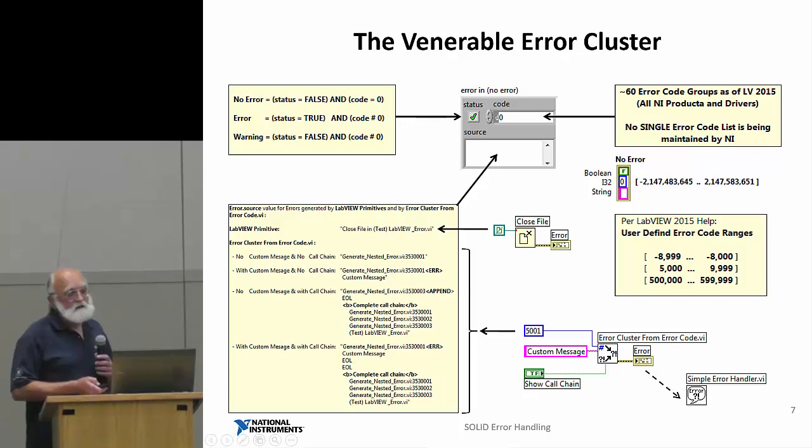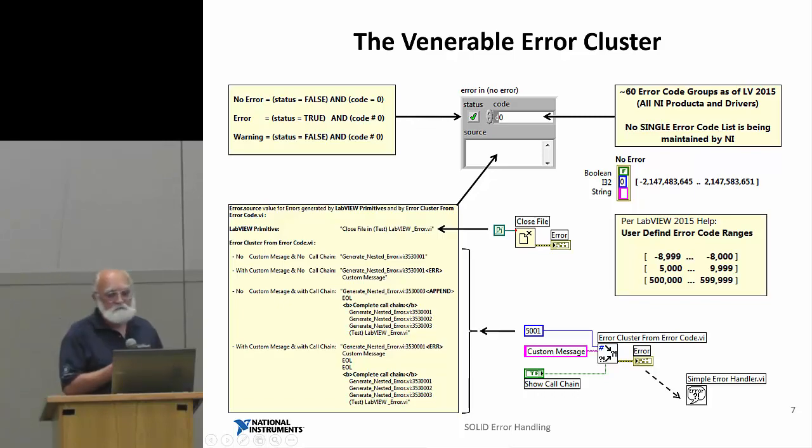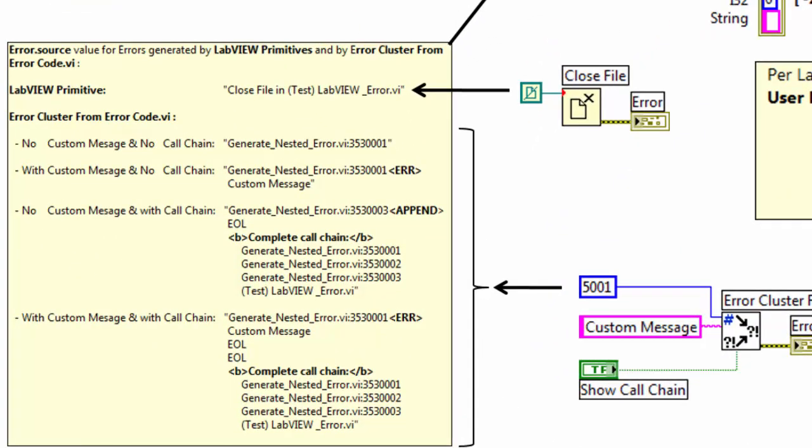The source field is much more complicated, and that's where your problems start. You can, for example, execute a primitive, and it will give you this value for the source field.